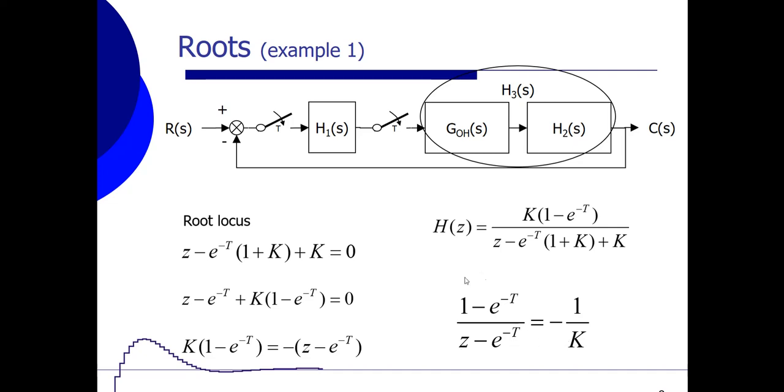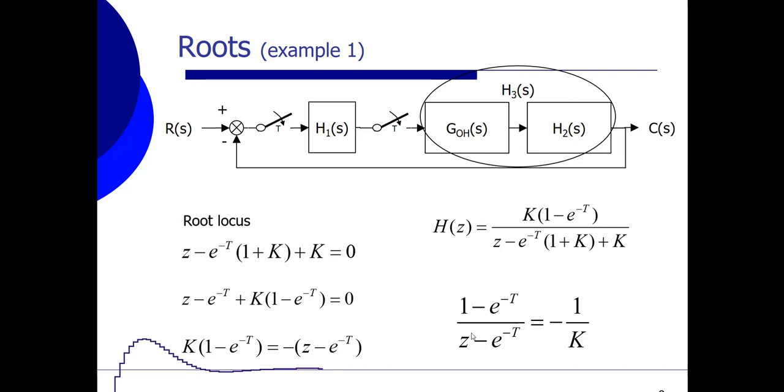Why do we want this expression? When we have this, you can say in words that all the system blocks in the loop, well, this is a system block, this is a system block, and here is only a system block of 1, all of these system blocks, except for the controller, so we leave that out, is equal to minus 1 over K. And when we get this expression, which is a normal expression for the root locus equation, we can look at the root locus rules and draw the root locus and see how this pole is going to move, and we're going to look at when instability starts.